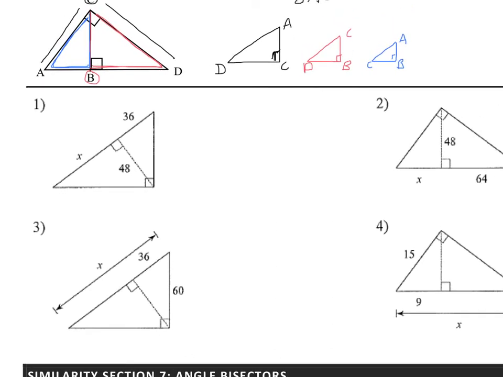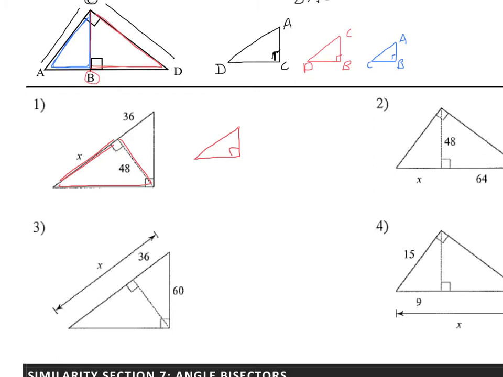Now, with this one, if I look at the shapes and I draw the triangles out, notice again there's three triangles. I'm looking for this length right here. And I have basically information on this middle-sized triangle. So if I draw that out, it looks like this. The right angle is the right angle there.